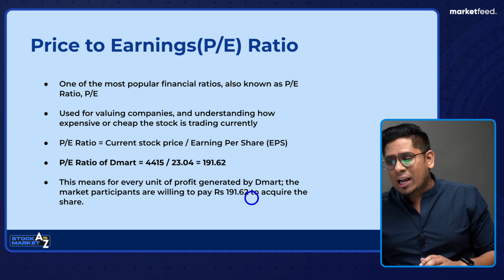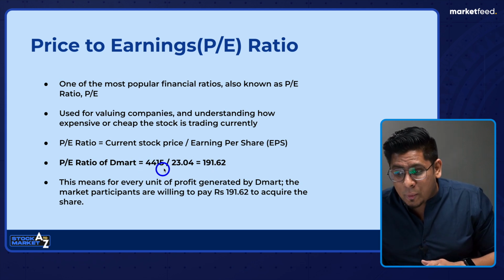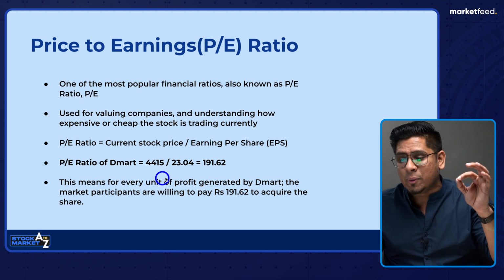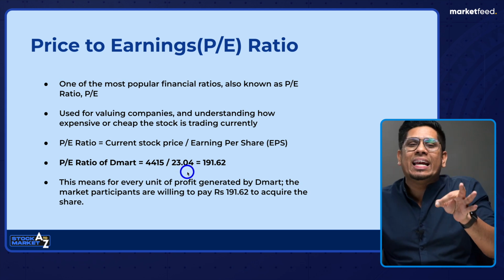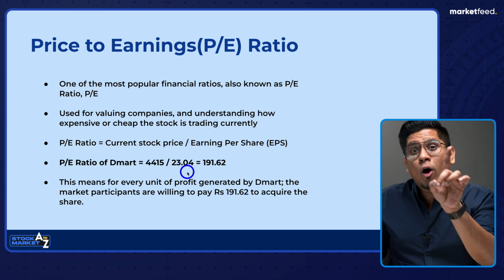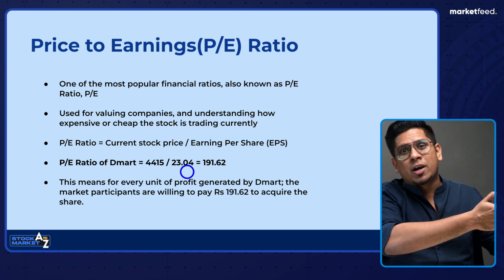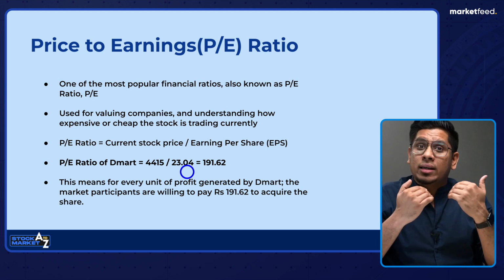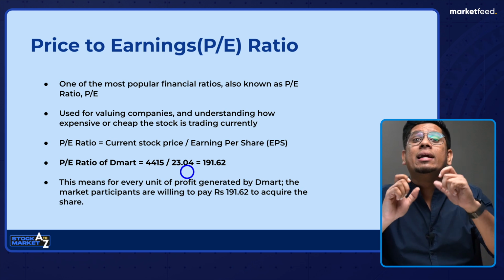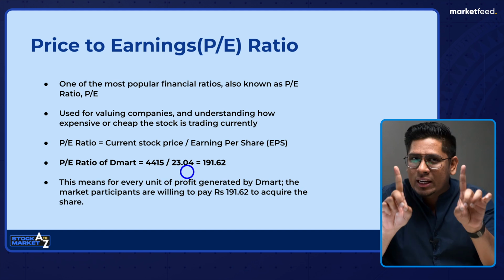Now, don't think that when you buy Dmart's stock for 4,415 rupees, you're actually going to get 23 rupees in hand. 23 rupees will be the profit generated by the company. That can completely move into the reserves and surplus of the company as decided by the company. It can decide whether or not to pay dividend back to you as a shareholder. So don't get confused here.